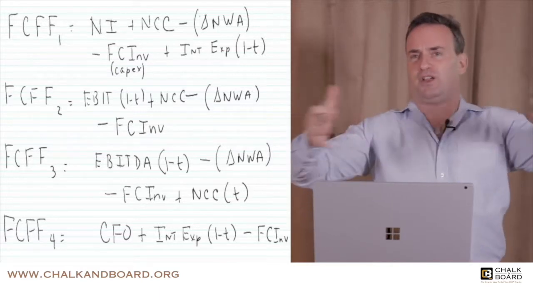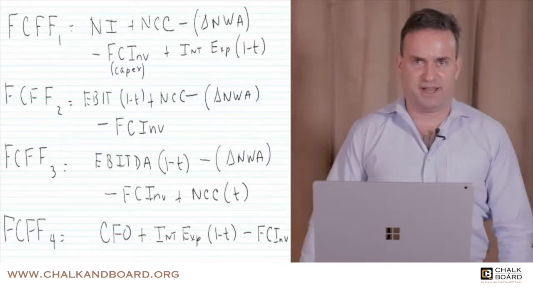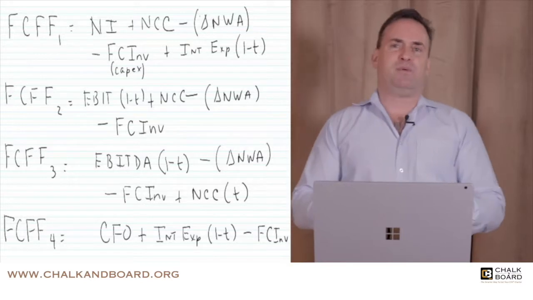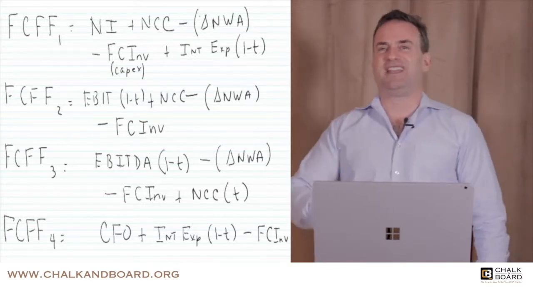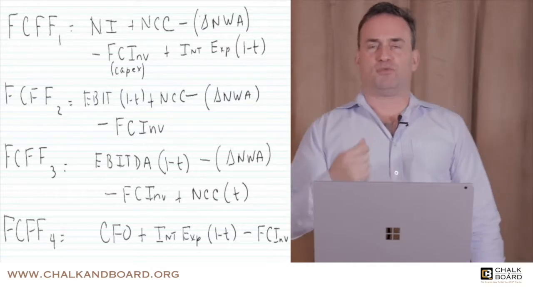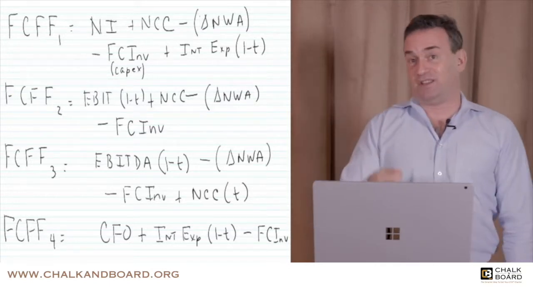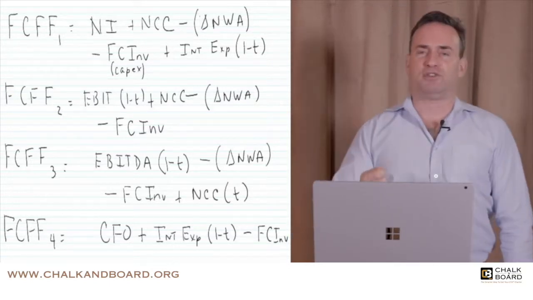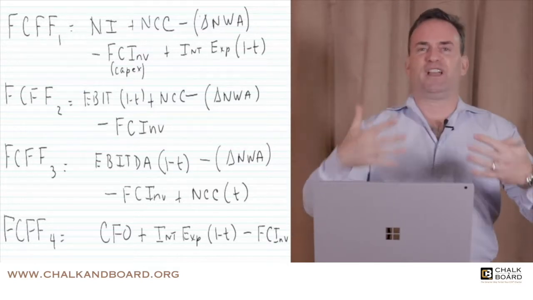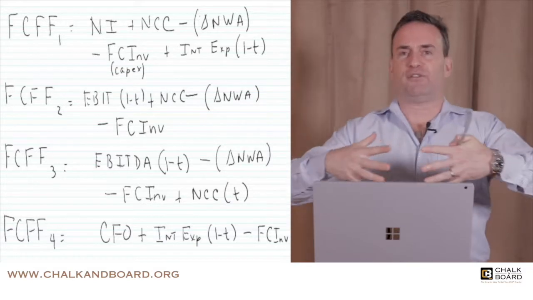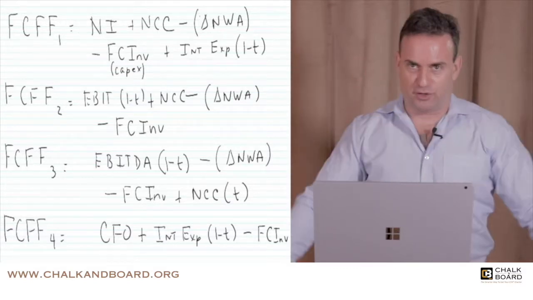Before we go through the calculations, what is the definition of free cash flow to the firm? The way we define it is: free cash flow to the firm is the unencumbered or unrestrained cash flows. Another word for unencumbered or unrestrained is free. The unencumbered or unrestrained cash or cash flows that are available to whom? Well, if we're looking at the firm, we're looking at all the providers of capital.